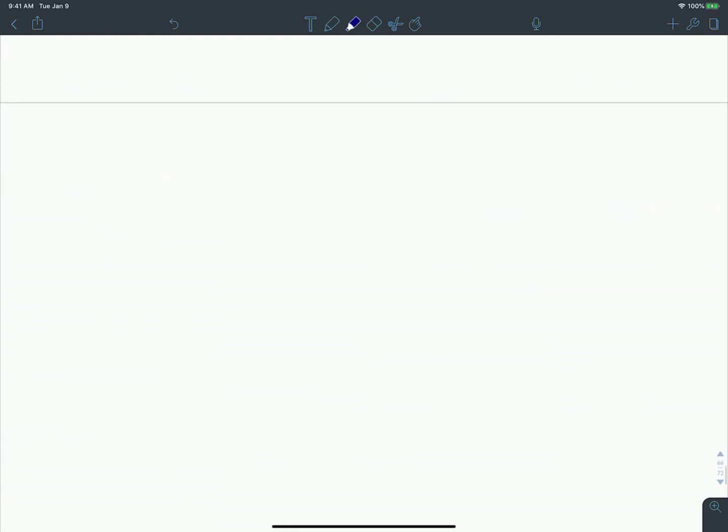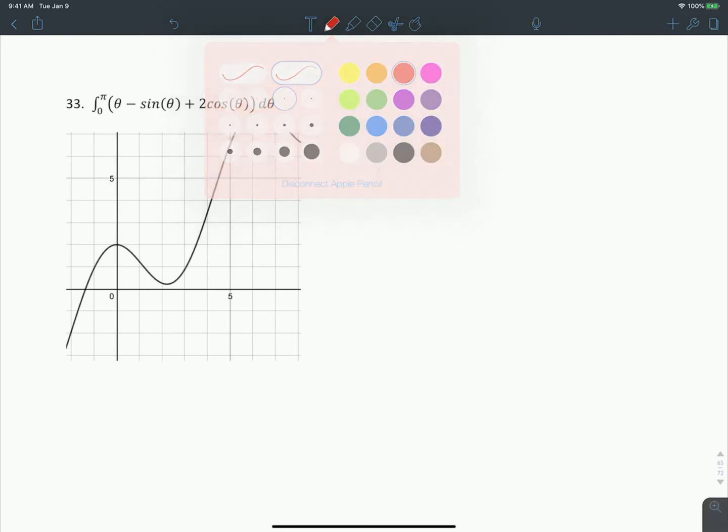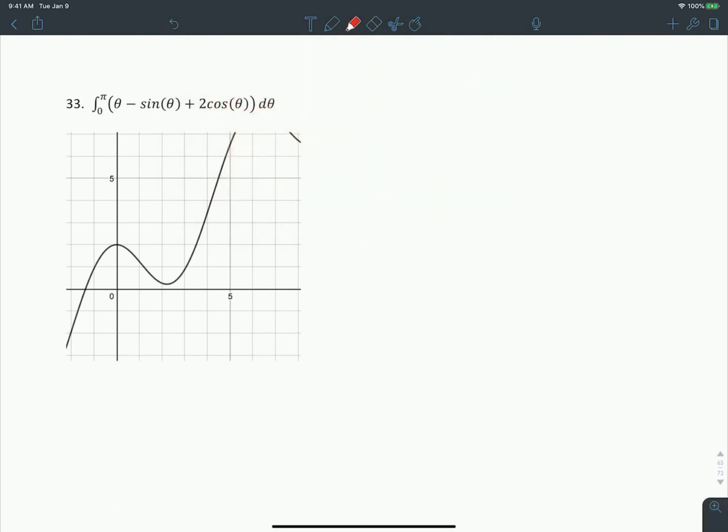Okay. Number 33. 0 to pi. 0 less than or equal to theta, less than or equal to pi. So pi, remember, is about 3.14, and we know where 0 is, so I have this 0.